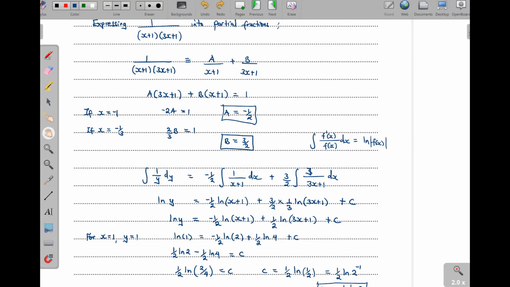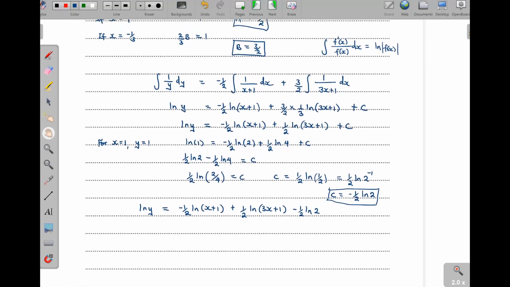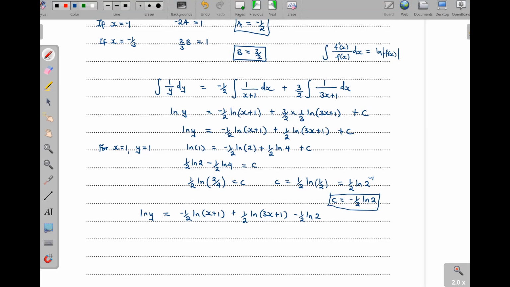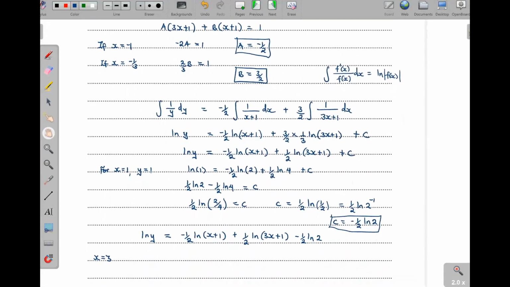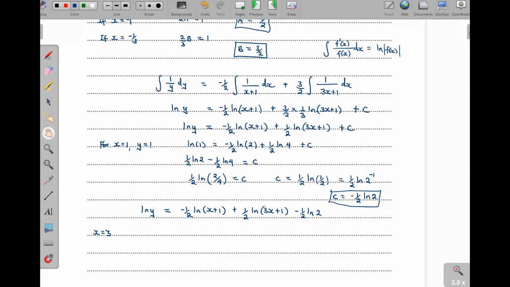So, oh, there is something ugly here. Here we are supposed to have a 1. Okay. Then we proceed. Did they say x is equal to 3? Yes. So when x is equal to 3, what will be the value of y?